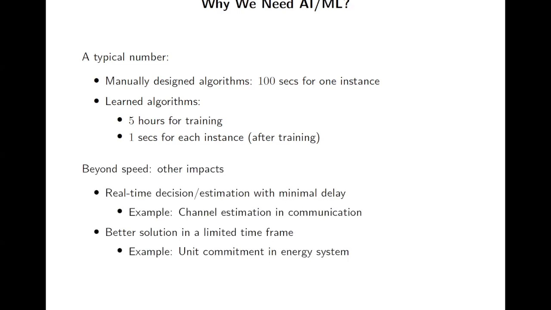I also want to talk about some other impacts beyond just speeding up the algorithm. The first example is channel estimation. In a communication system, a signal receiver, like a phone, repeatedly estimates how the signal is affected by the environment, like the buildings, the weather, and so on. This process is called channel estimation, and it can be formulated as an optimization problem.